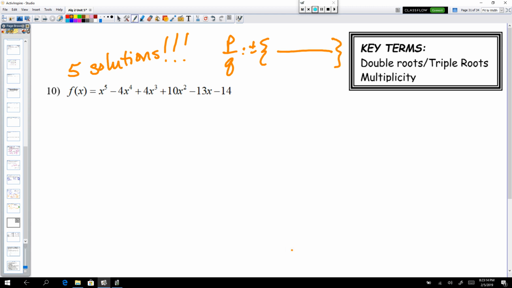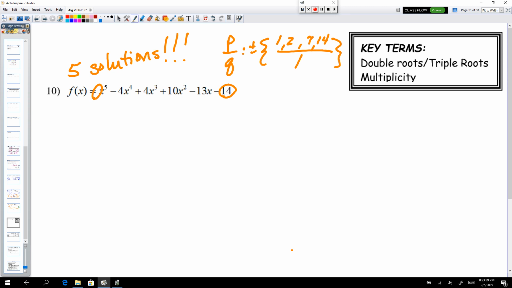What are all the things that multiply to 14? Well, there's certainly 1 and 14, 2 and 7, and I think that's all we have to choose from, right? And then Q is just that invisible 1. So our only options for rational roots are positive and negative 1, 2, 7, and 14.